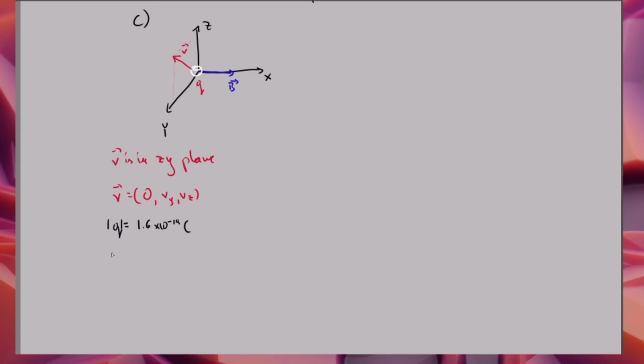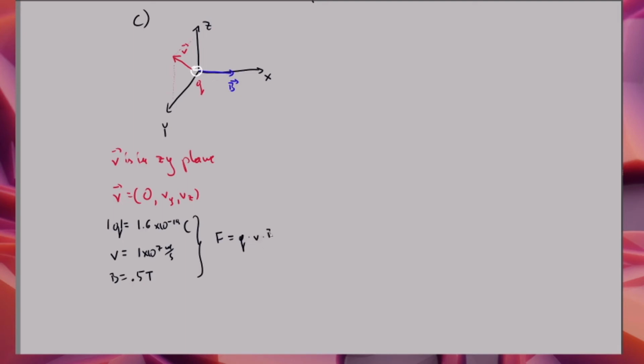And then the speed of this electron is the same as before. It's 1 times 10 to the 7th meters per second, and the magnetic field B is half a Tesla, 0.5 T.